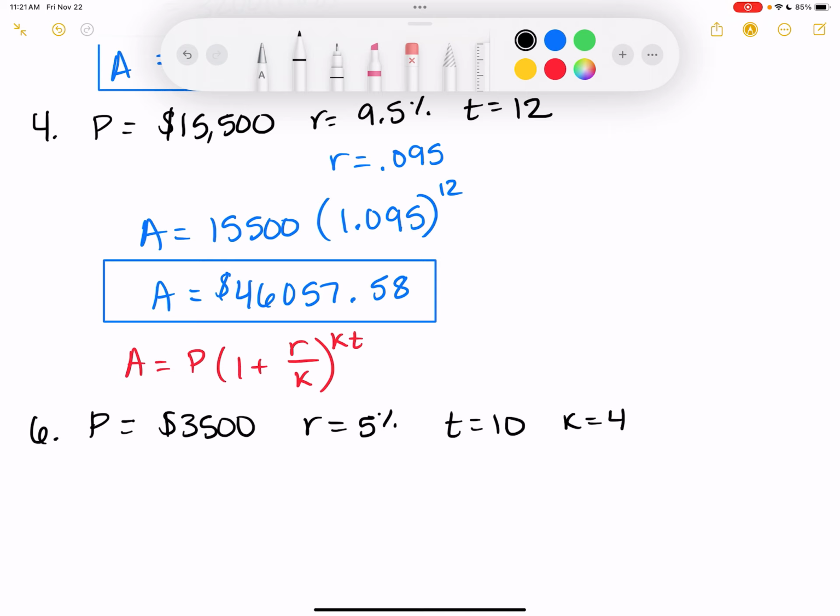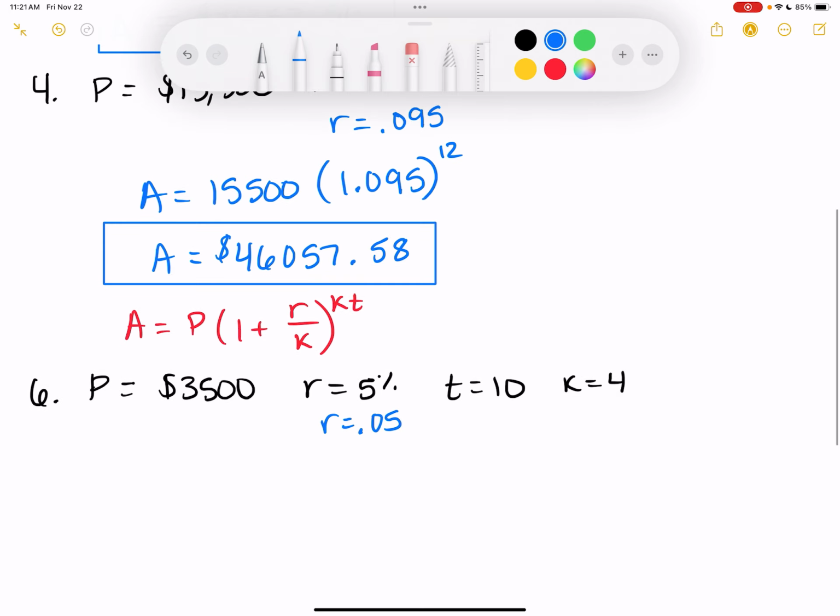With this one, if you want to multiply or do the R over K on the side, you can. I usually just go ahead and type it in. So R would be 0.05. So then A equals 3,500 times 1 plus 0.05 over 4 raised to the 4 times 10.